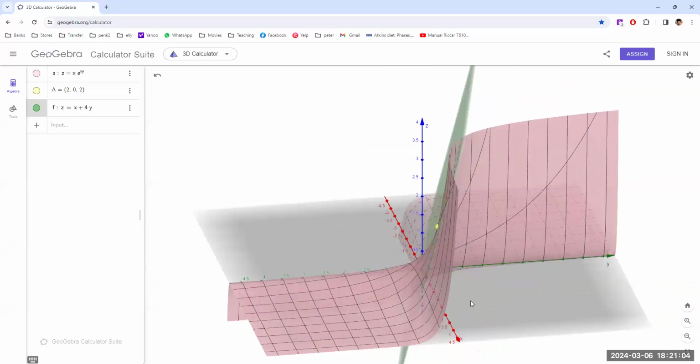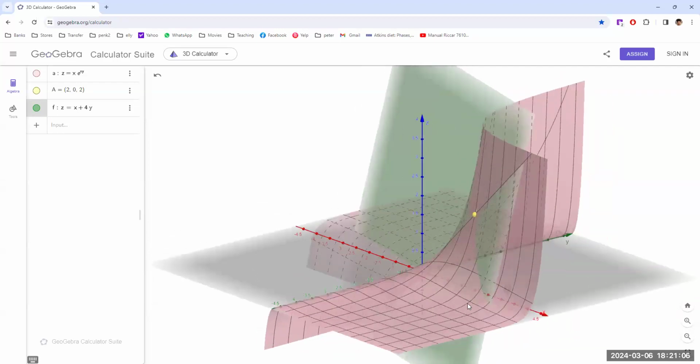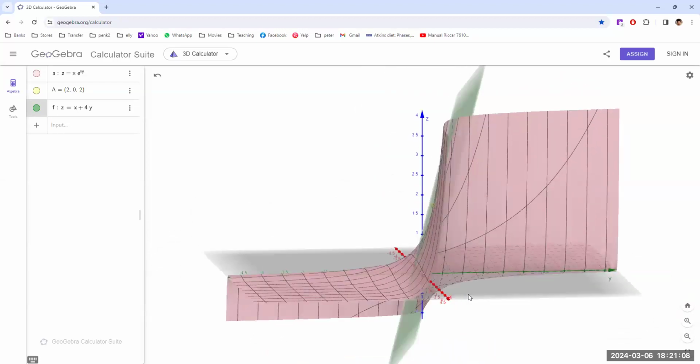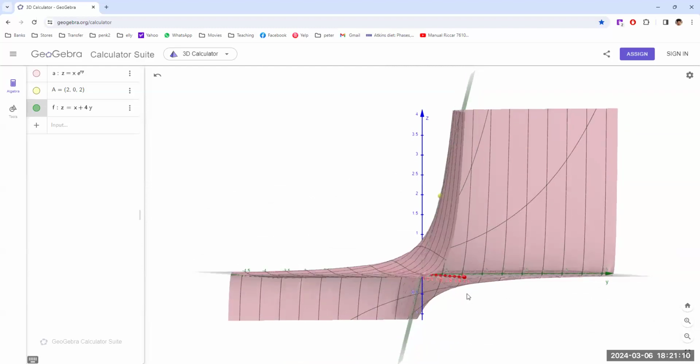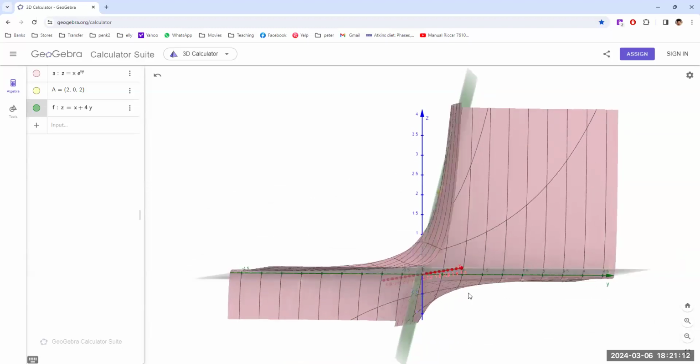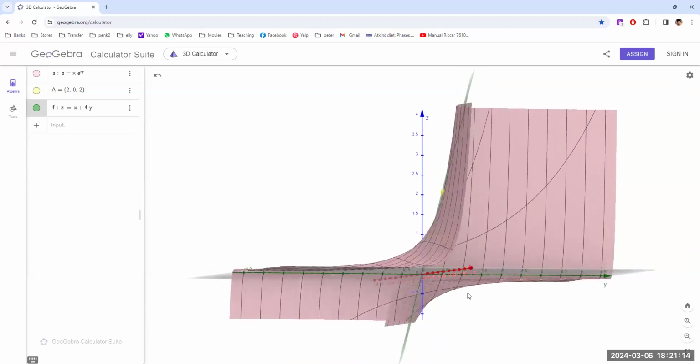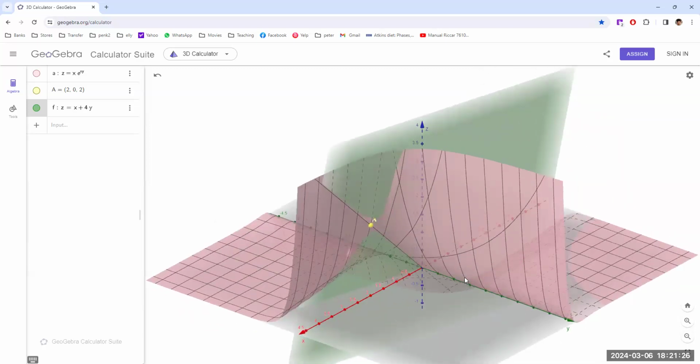Maybe this one here. If we see it right from the sides of the plane, you see that the plane actually touches the point and is also tangent to the surface at that point. So that's the tangent plane.